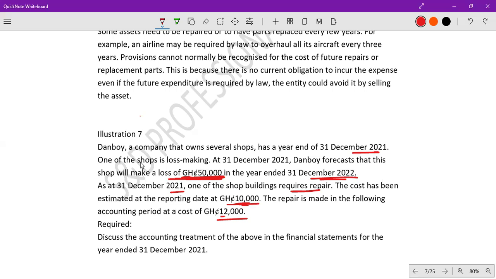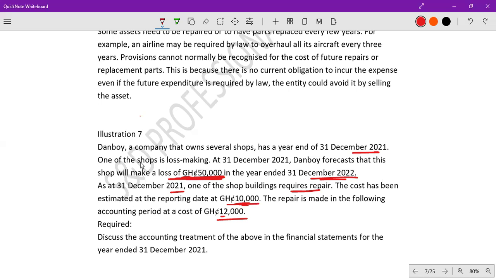There is no present obligation that will cause you to make any provision. For that matter, expenses are recognized when incurred. Is that not what we do? Yes, sir.